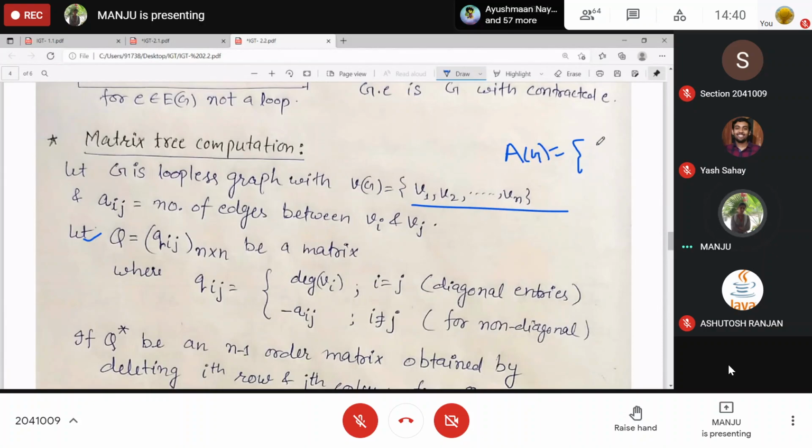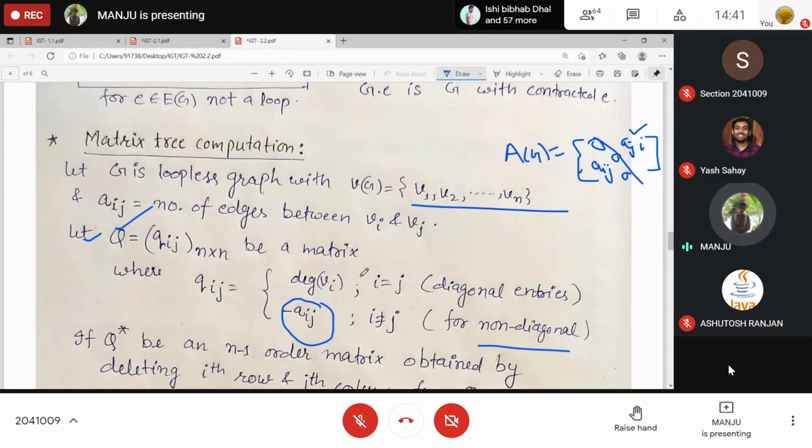In the adjacency matrix the diagonal entries were 0, right? And Aij will be the number of edges, and Aji is also the same. For the non-diagonal entries of Q, we take Aij from the adjacency matrix with a negative sign, that is minus Aij.